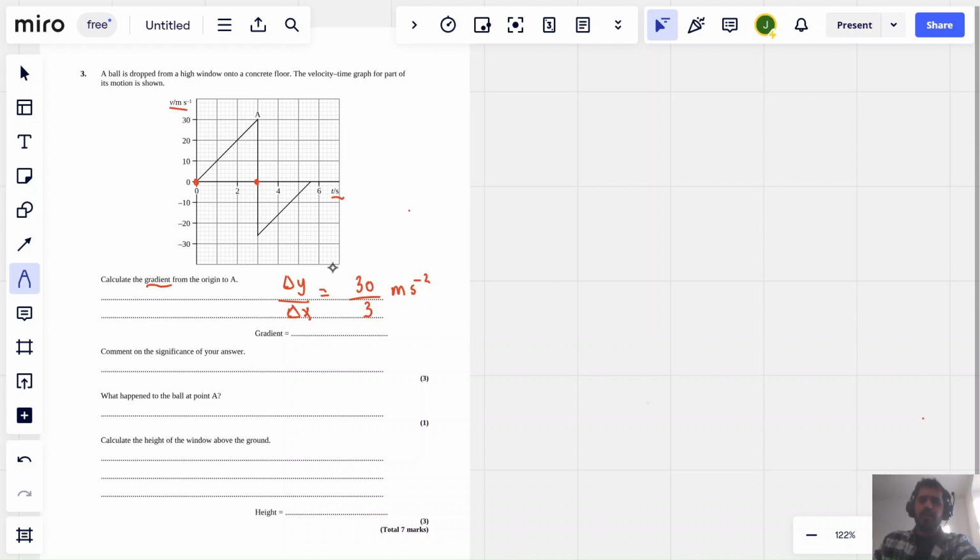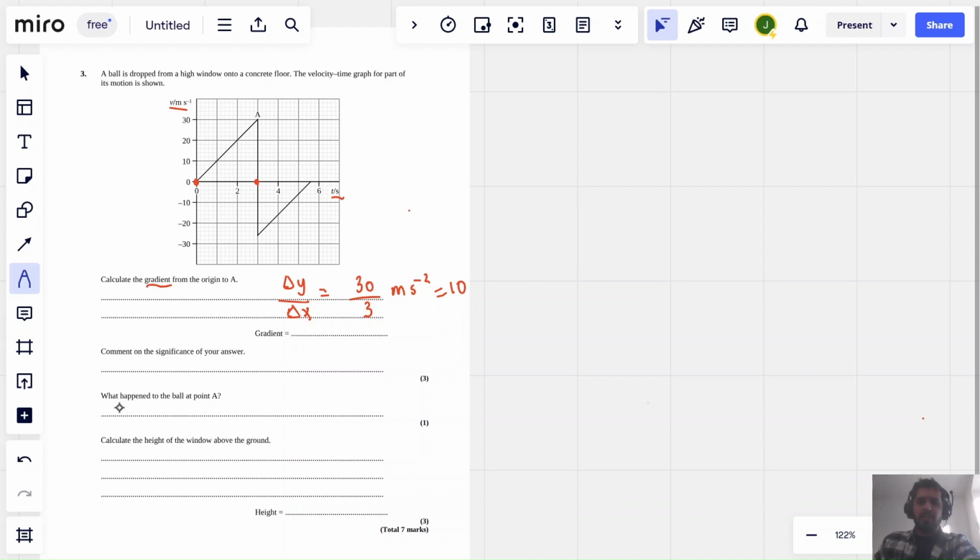So of course, the gradient of velocity time graph, like I said, gives you the acceleration. So you can say that the gradient gives the acceleration due to gravity, which in this case is about 10 meters per second squared. The actual value is 9.8, so it's not exactly 9.8, but it is about 10 meters per second squared.